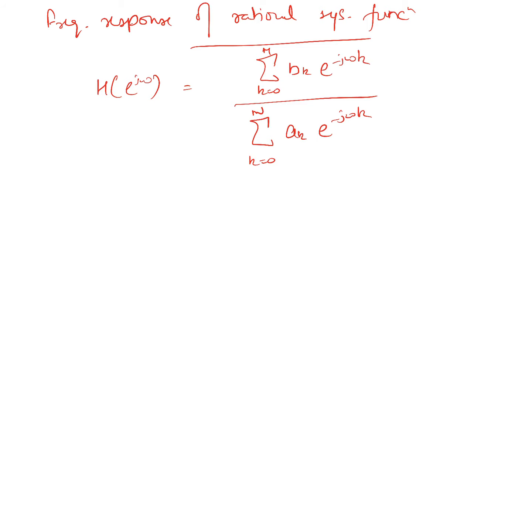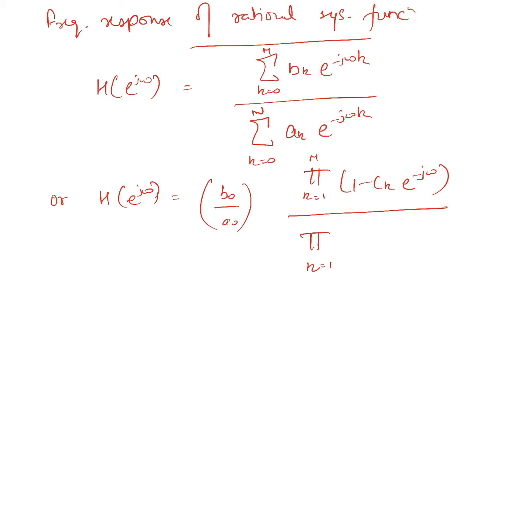So this can also be equivalently written as H of e to the power j omega equals b naught by a naught times the product for k equal 1 to M of 1 minus c_k e to the power minus j omega, and in the denominator the product for k equal 1 to N of 1 minus d_k e to the power minus j omega.